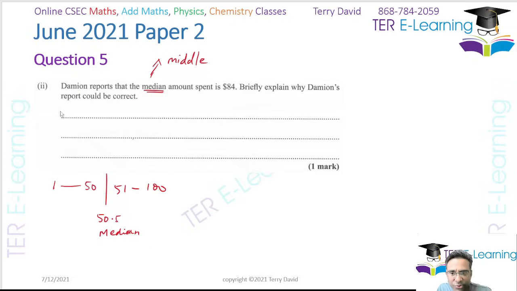So there are 100 students, so the median student is 50.5.